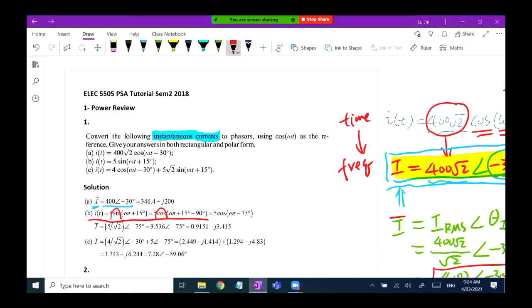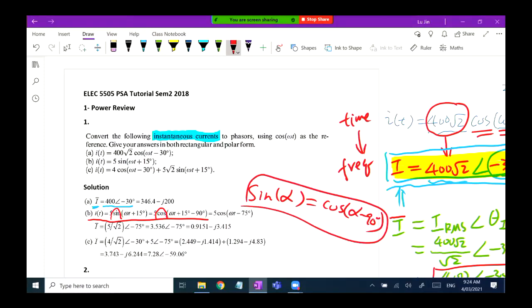This is the first step. But how to convert a sine function to a cosine function? Sine of whatever is equal to cosine of whatever minus 90 degrees. Very simple, you must have known that. I just want to remind you here. Got that? Part C is similar, so I leave that to you to figure out by yourself.